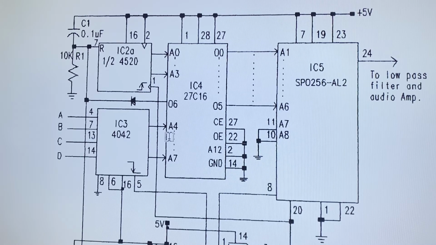So if A5 is 1, you are in location 32, because as I said, 1, 2, 4, 8, and A4 is 16. So now you will be ready to scan locations from 32 up to 48, or 47.